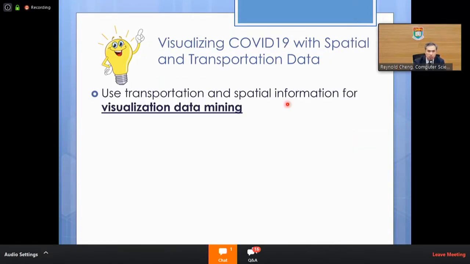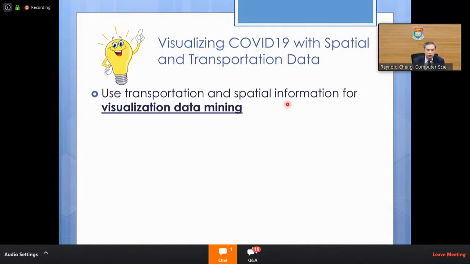Generally speaking, the previous slides that I showed about the visualization are rather static. That means we can only display the confirmed cases in dot circles or in this heat map. However, I'm interested to understand whether it is possible for us to use more dynamic transportation data, such as the MTRC passenger transportation, in order to incorporate into this visualization process.